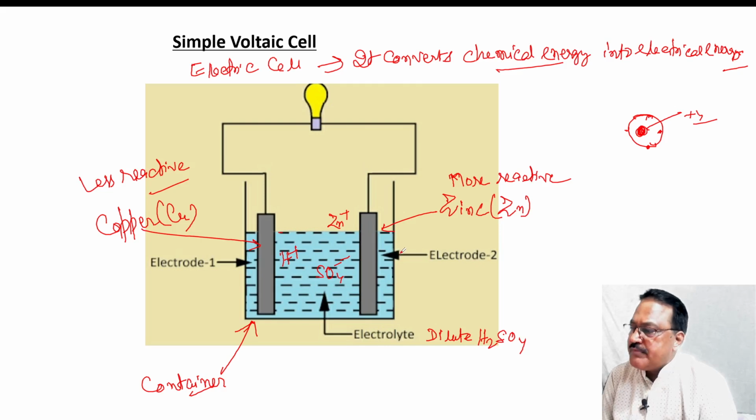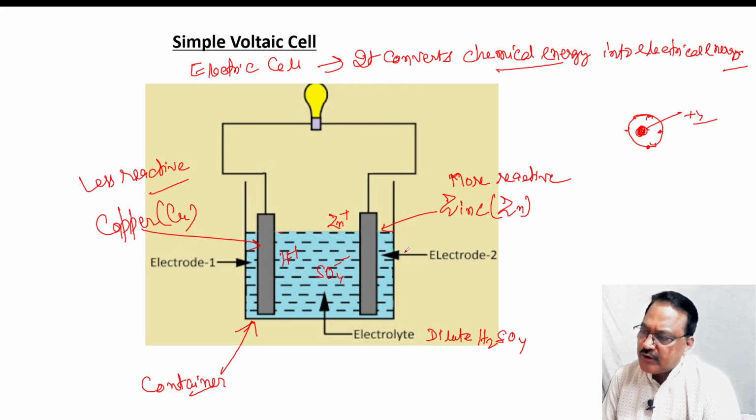Electrons mean negative charge. So this zinc plate becomes more negative due to the presence of more and more electrons, and on the other hand, the copper plate becomes more positive due to loss of electrons.